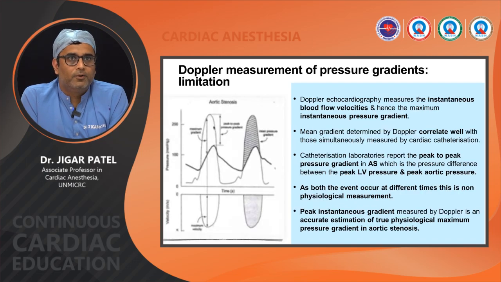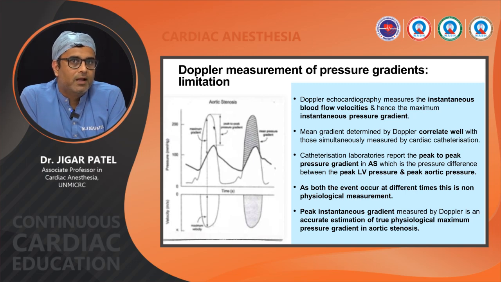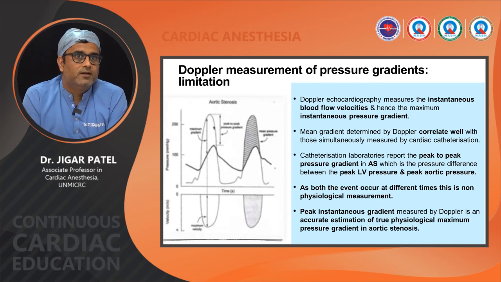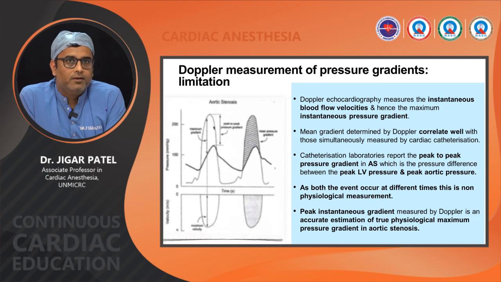Now another important point to be discussed is the Doppler measurement of pressure gradient as compared to cath lab measurement of pressure gradient. Doppler echocardiography measures instantaneous blood flow velocity and hence the maximum instantaneous pressure gradient. So we get the maximum gradient in Doppler data. The mean gradient, which we calculate from the maximum gradient, correlates very well with simultaneous measurement by the cardiac catheterization lab. But the cardiac catheterization lab reports peak to peak pressure gradient, so they measure both pressures at different times.